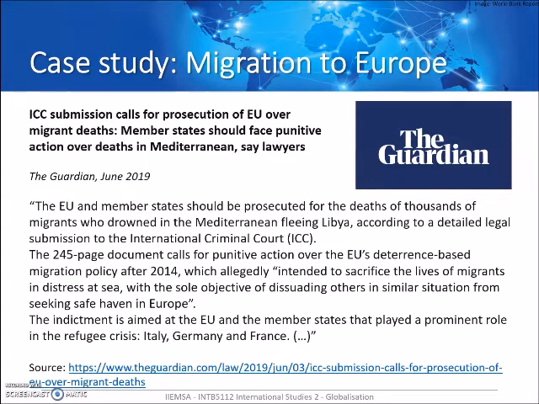So it accuses some of the biggest EU member states that have played a very dominant role in the refugee crisis of being complicit in the death of thousands and thousands of refugees, in order to keep their borders safe and show strong action against refugees to deter more migrants from coming. So we'll see. As far as I know, there's no result yet. We'll see if there will be punitive action or not.